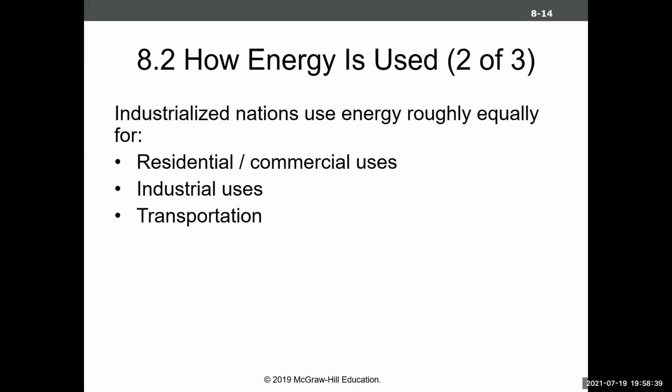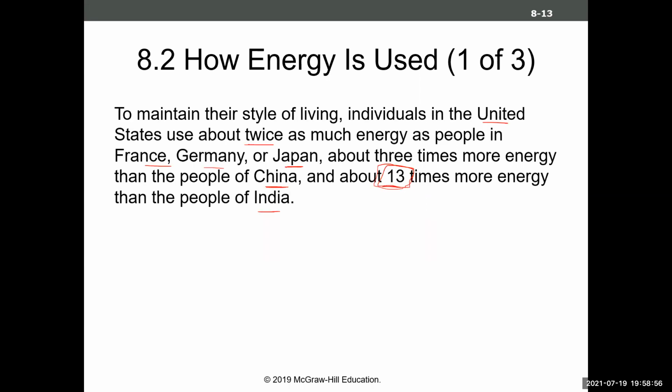And that's not saying that other countries aren't consuming a lot of energy, but relatively speaking, when we compare across the board with other countries, we use a lot of energy. And industrialized nations in general use a lot of energy. Notice that you have France, Japan, Germany, and China here, and we're using more, but they're using quite a bit of energy as well.